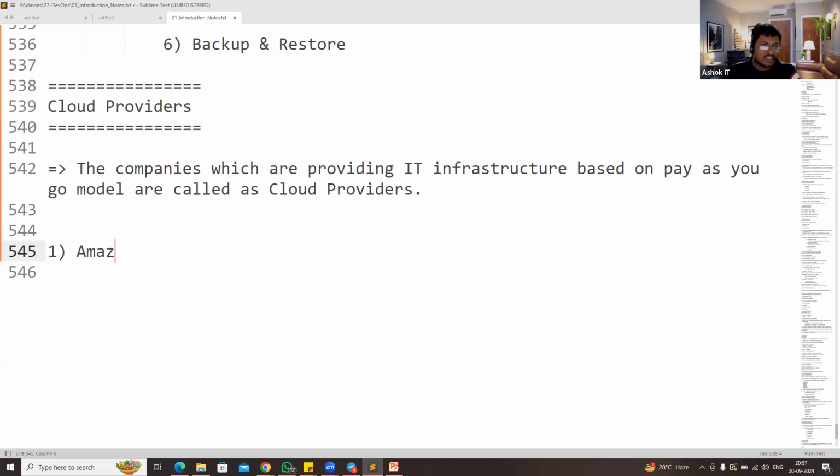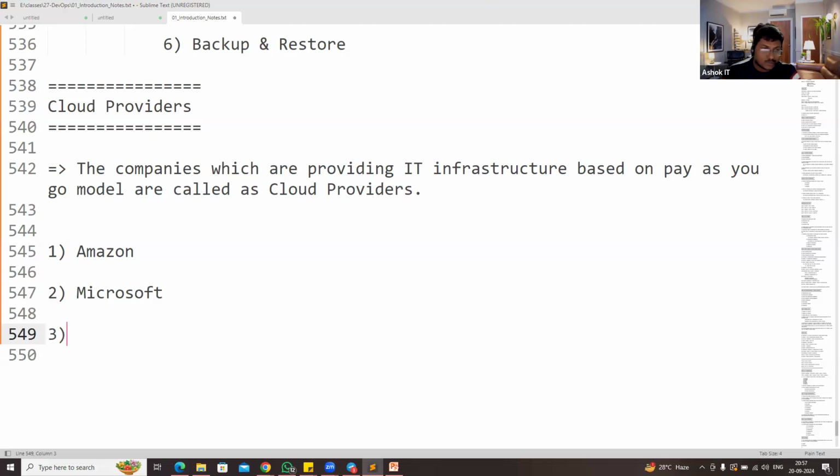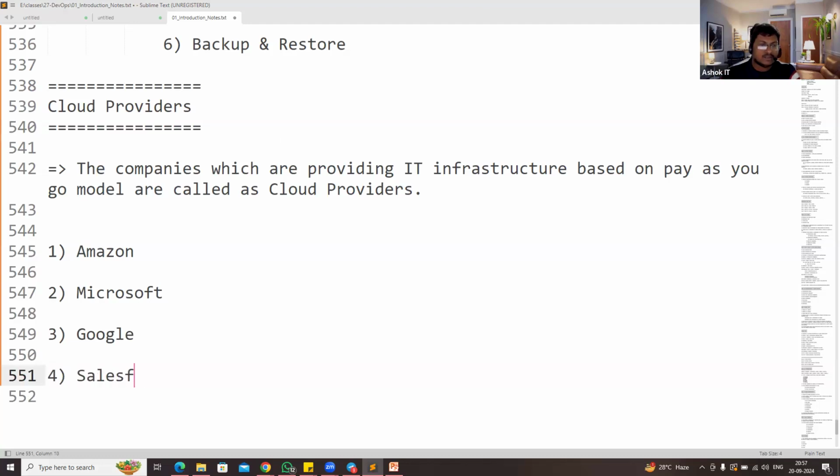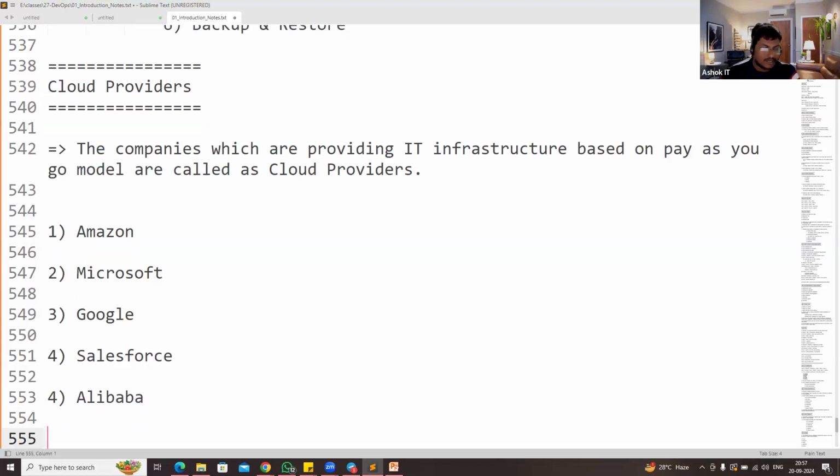So Amazon is one cloud provider. Microsoft is one cloud provider. Next one, Google is one cloud provider. Salesforce is one cloud provider. And the next one, Alibaba, another cloud provider. DigitalOcean, another cloud provider. So like this, there are several cloud providers available in the market.